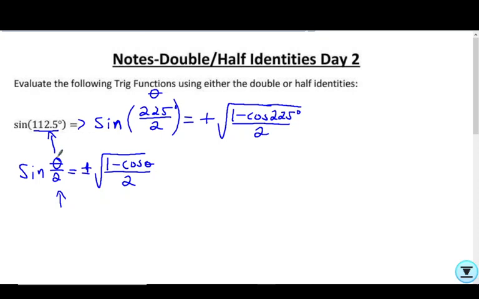Now we have to finish evaluating it and simplify. So cosine of 225, that's one of our unit circle values. So this is going to be the square root of 1 minus, and cosine of 225 is negative square root of 2 over 2, all over 2.